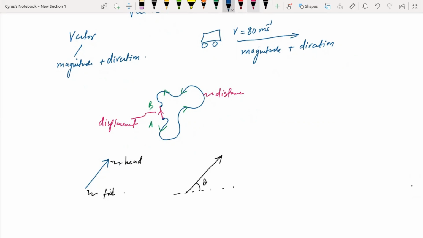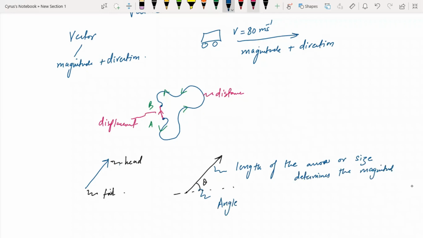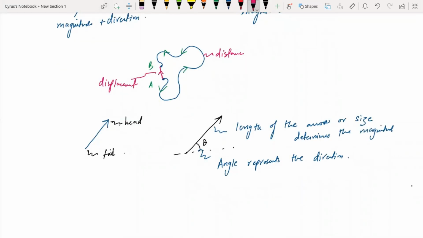The length of the arrow represents the magnitude. If the length is greater, the magnitude is greater. The length or size of the arrow determines the magnitude. And number two, this angle represents the direction where it is going.